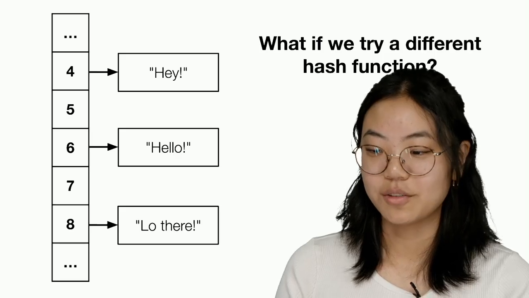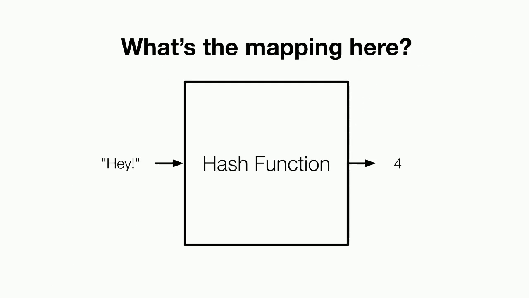Yeah, the length, quantity of numbers, exactly. So in this case, we've defined our hash function to be whatever the length of our string is. So in this case, if I'm given hey exclamation point, then the hash function will be returning 4 as the length.